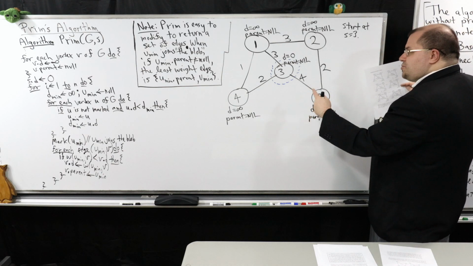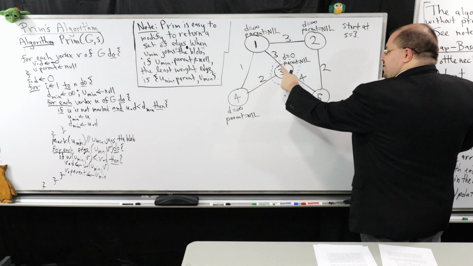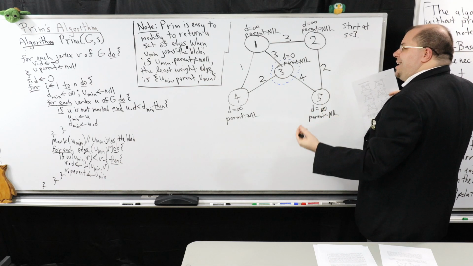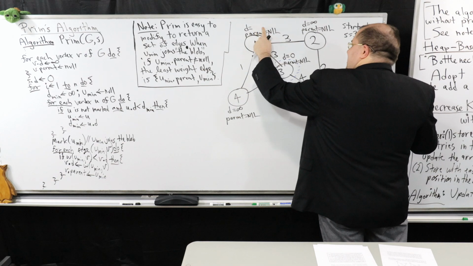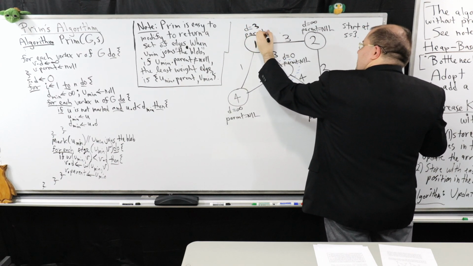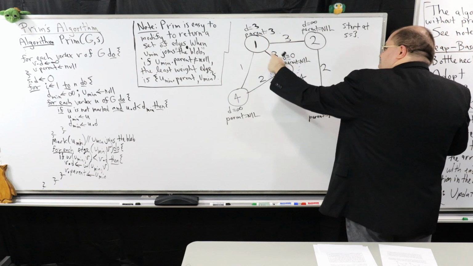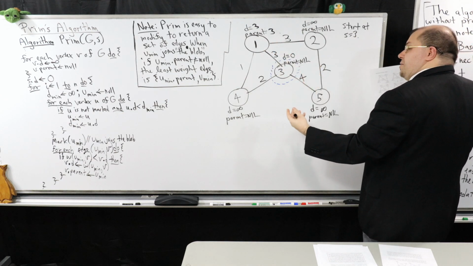So I'm going to go through each one of these incident edges. I simply say, okay, well, is this weight better than infinity? And the answer naturally is yes. So I'm going to update infinity here to be 3, and its parent is 3, because this is the edge I would use if I were to pick this edge and include it as a part of the minimum spanning tree.